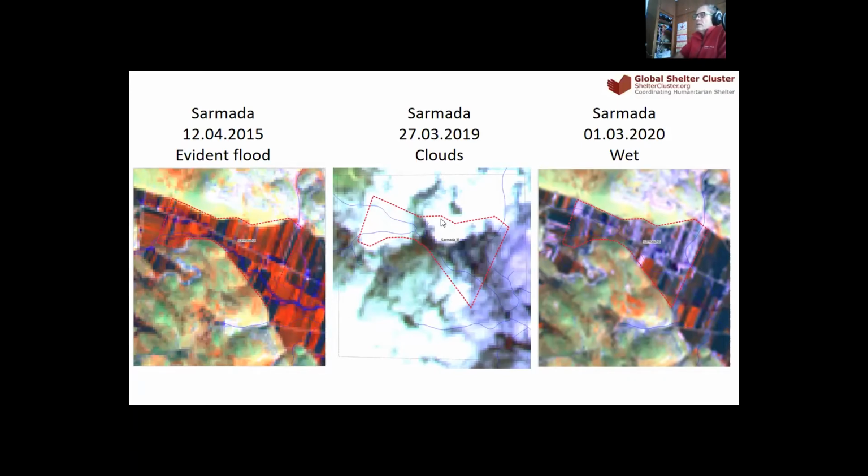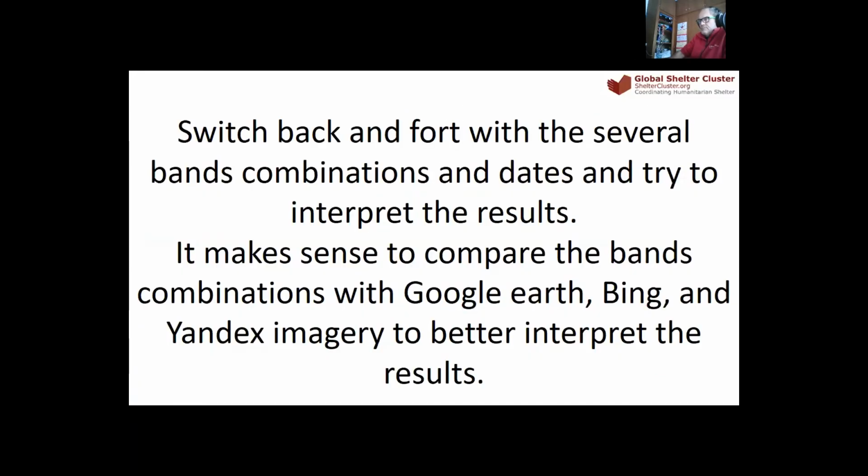Here, the same Sarmada picture during March 19, cloud, useless. And here, the same Sarmada picture, another date, quality is not that good. I don't know why it's not that good an image, but it is like that. So that's why it's important to have this analysis done on several dates in the period of interest.